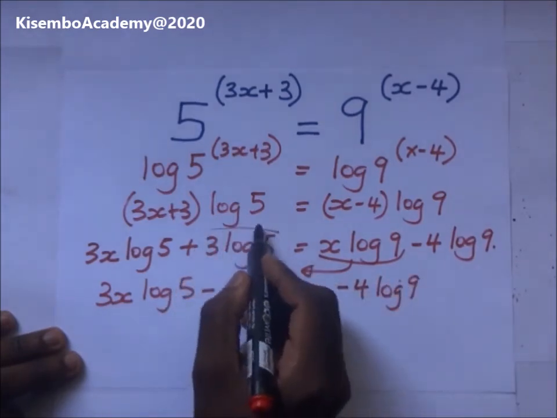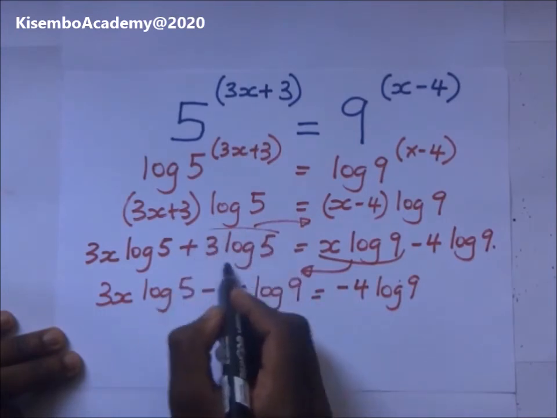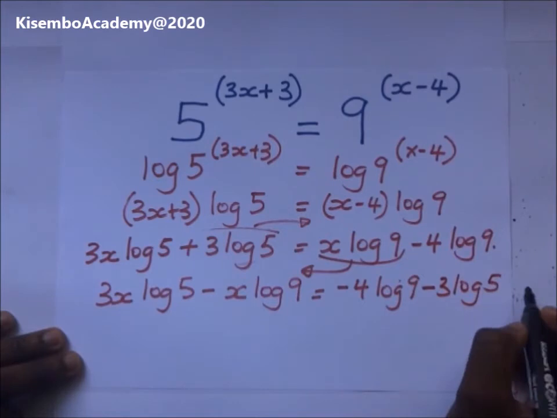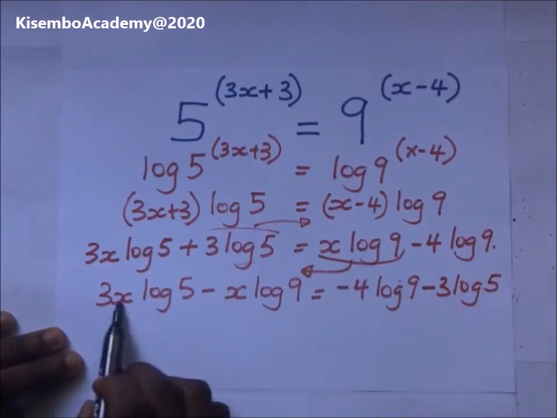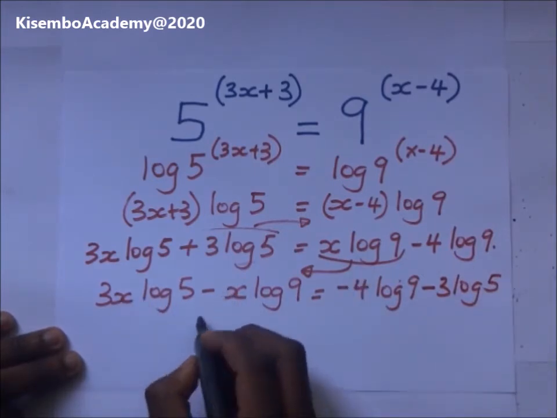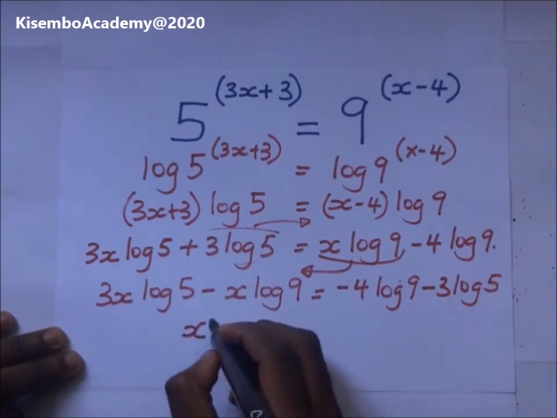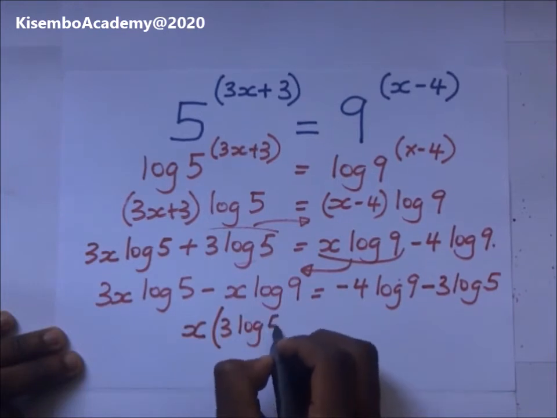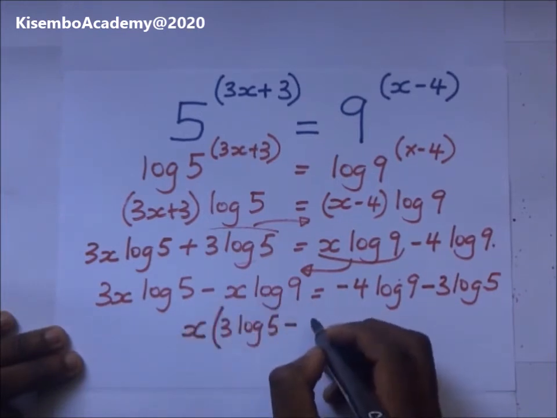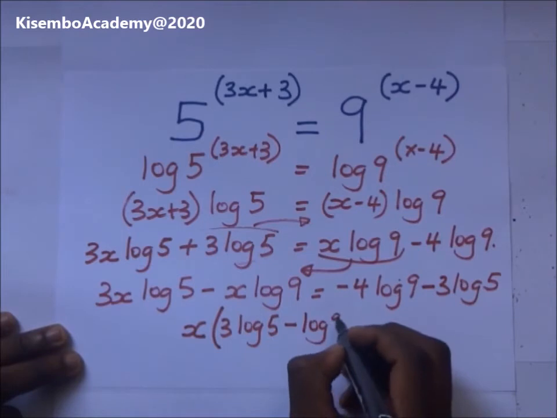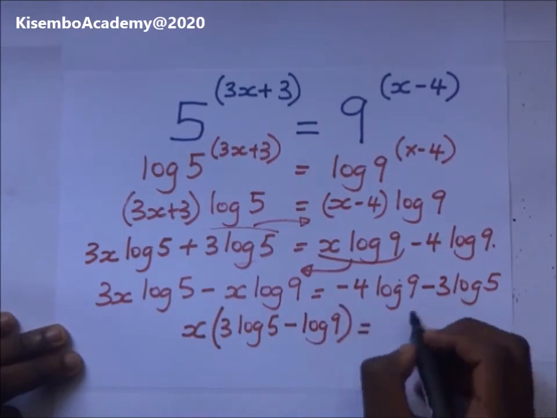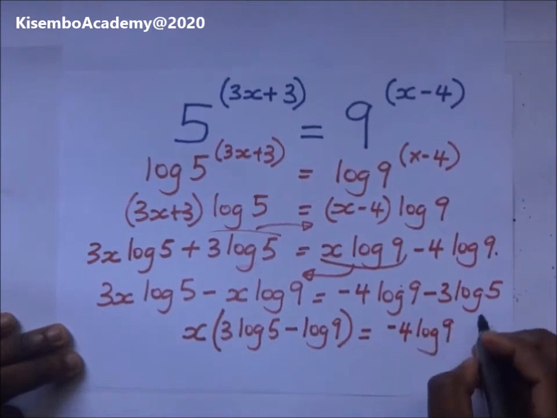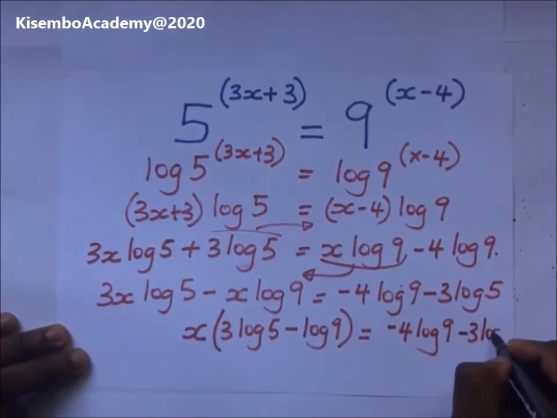Then this one also needs to go that way, so it's minus 3 times the log of 5. So here we factorize out x. So x is outside the brackets, into 3 times the log of 5 minus log of 9, is going to give us negative 4 log of 9 minus 3 log of 5.